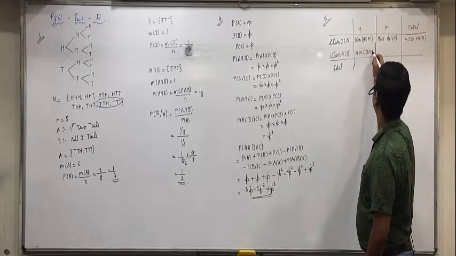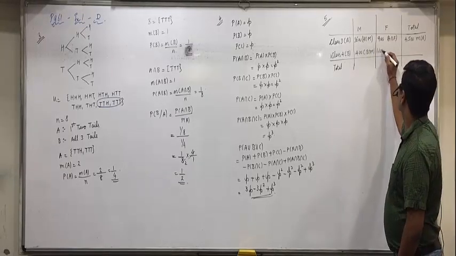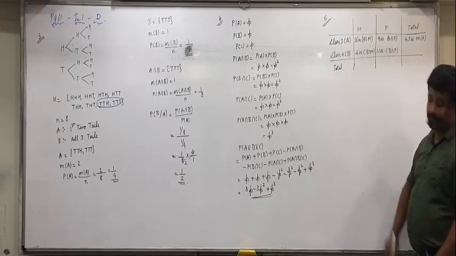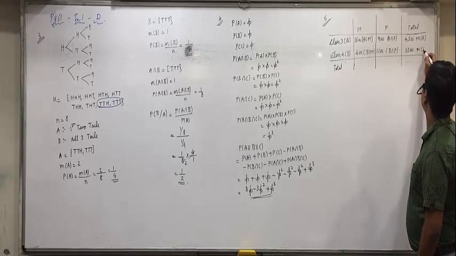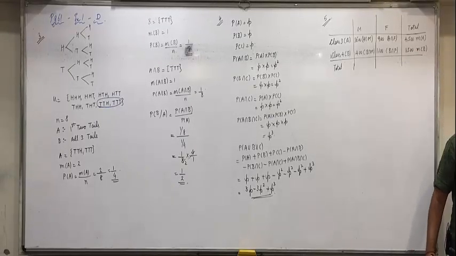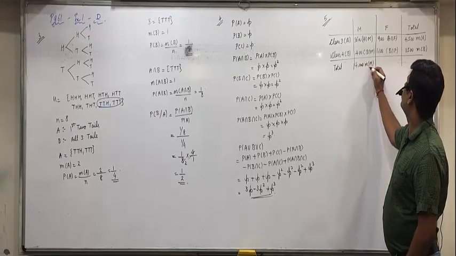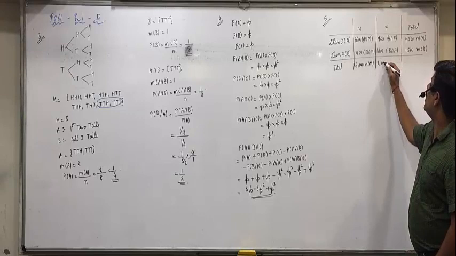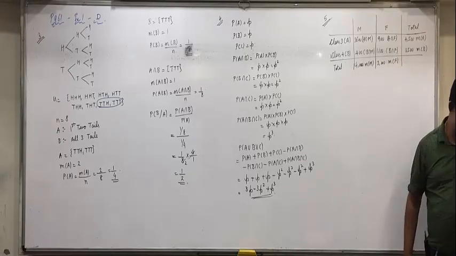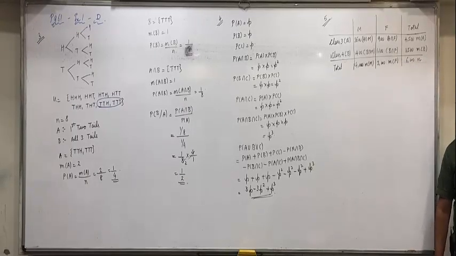B intersection M. What is 1100? B intersection F. And 1500? N of B. 4000? N of M. 2000? N of F. And what is 6000? N. Understood this, everyone? 4 events we have defined.